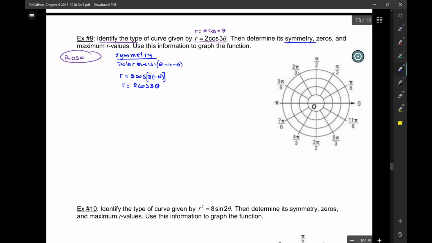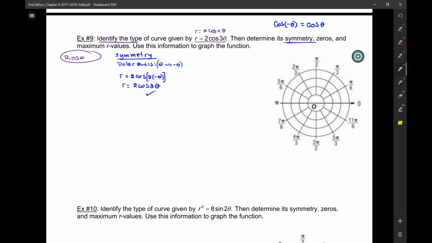We do, because cosine is an even function and it engulfs that negative. So you're done. It's symmetric around the polar axis. Cosine of negative theta is the same as cosine of positive theta. Because if I have cosine of negative pi over 6, or pi over 6, right? It's still, the x value is still the same.